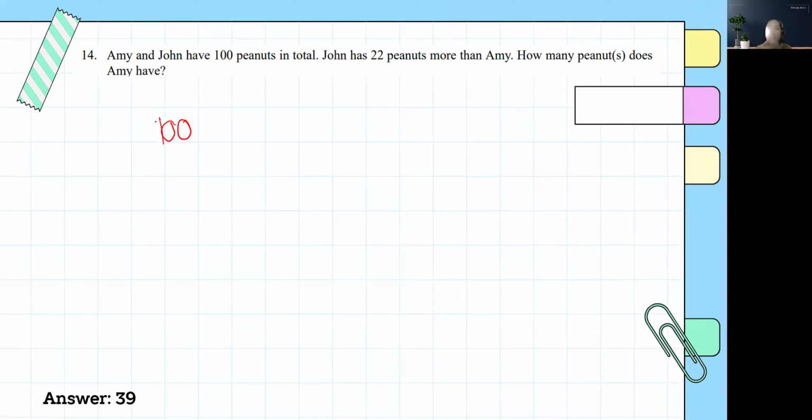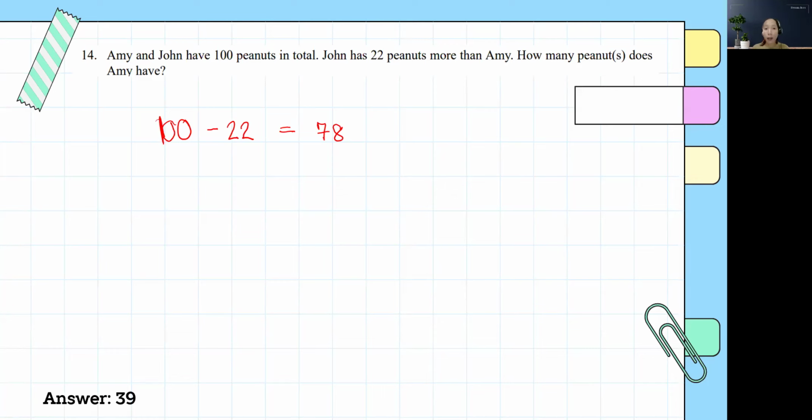We're just going to subtract 22, because that is what John has more, before they have an equal amount. So 100 minus 22, so that John and Amy will have an equal amount. So 100 minus 22 is equal to 78.